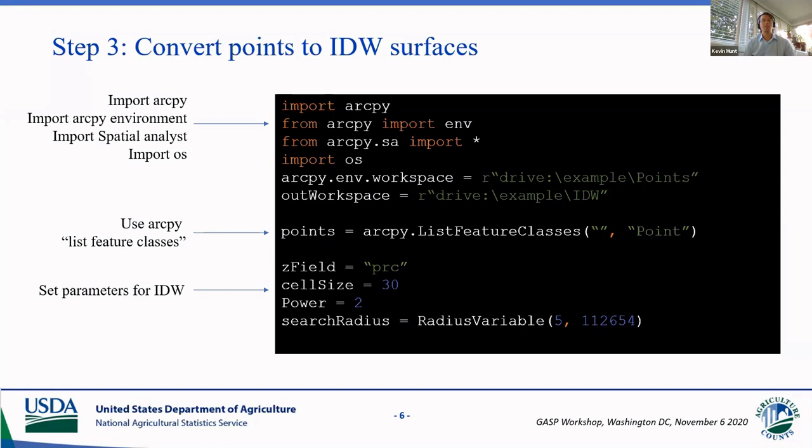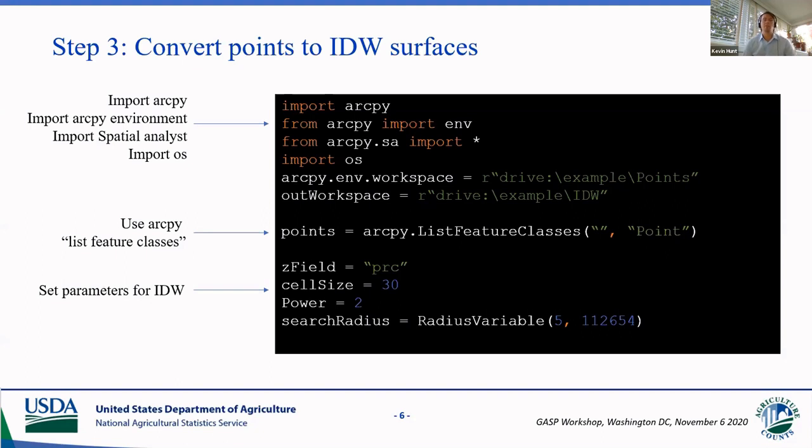And then after you do that, you want to set your parameters so that when you're looping over your files, your tool knows to use the parameters that you defined earlier and where they are. So Z field is the value. In this situation, it's the price. And then you want to define your cell value. That's 30 meters for this project. And then in the math of an IDW, you need a power, and we do 2.